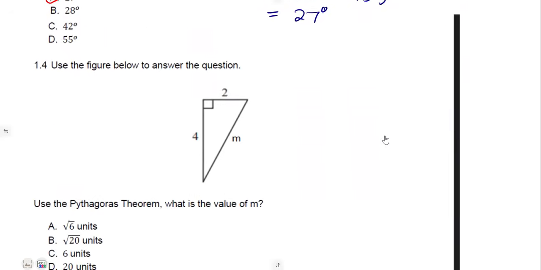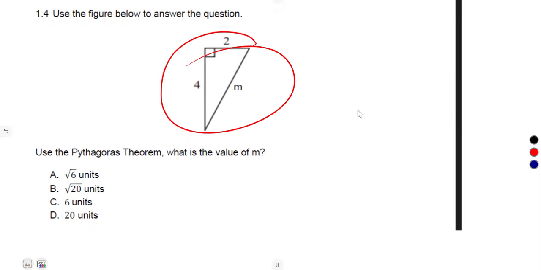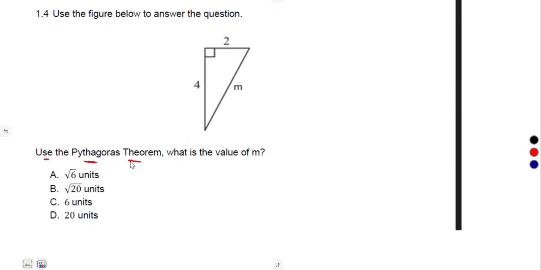All right. On question 1.4, use the figure below to answer the question. So there is a figure, which is our diagram, a right-angled triangle. We're asked to use the Pythagoras theorem. You are being told what to use.